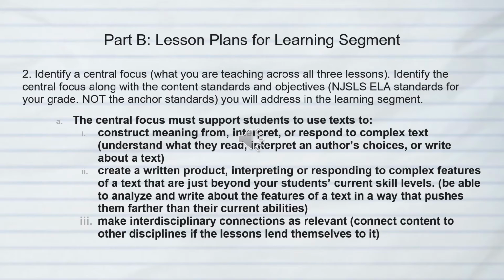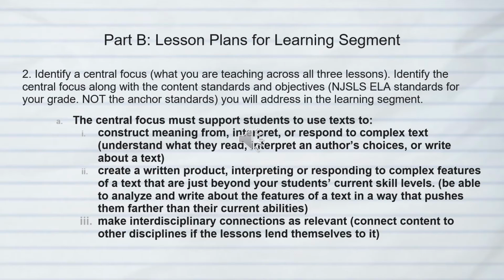And your central focus needs to include 3 things. It needs to show that students can use texts to either construct meaning from, interpret, or respond to some kind of complex text. This means understanding what they read, interpreting an author's choice, or writing about a text. The second thing is they have to create a written product, either interpreting or responding to complex features of a text that are beyond your students' current level of ability.